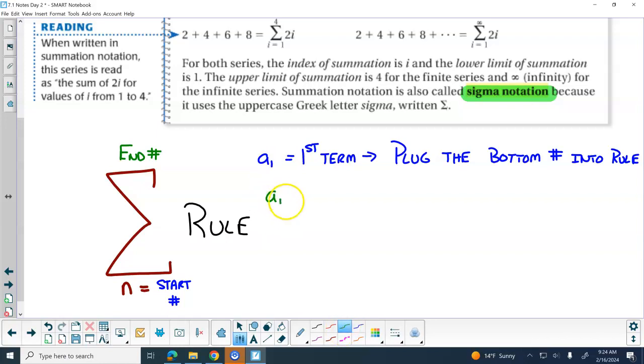To find A sub n, which is your last term, you're going to plug the top number into your rule.